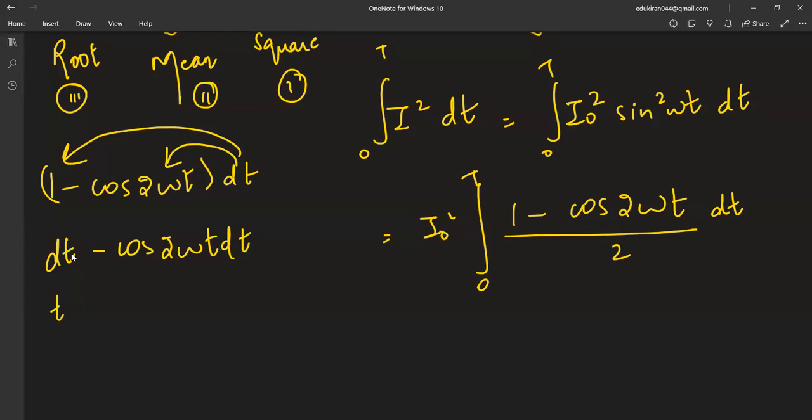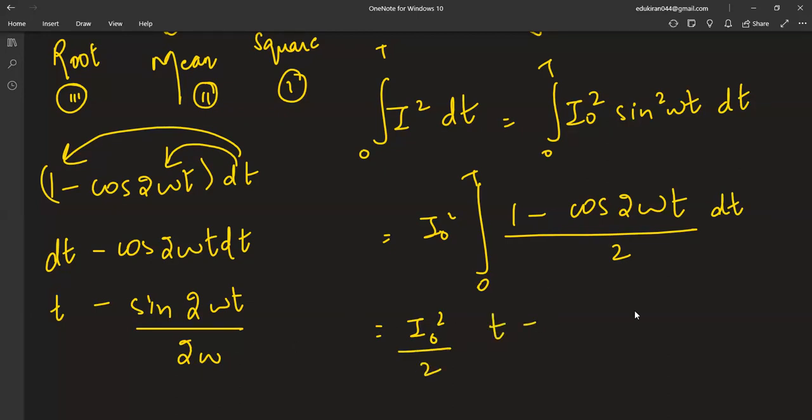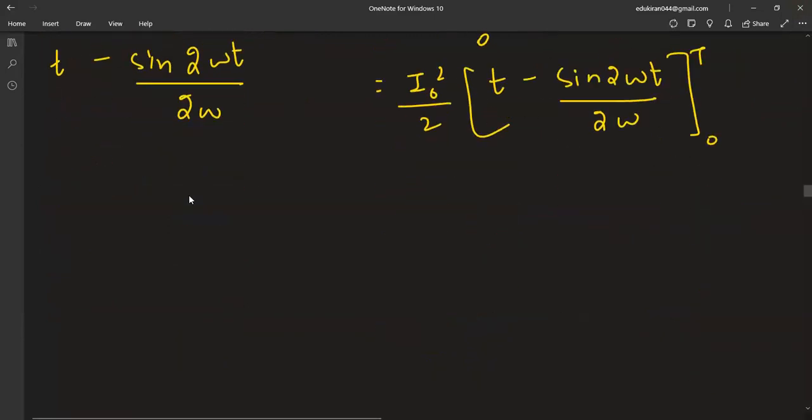The integration of dt becomes T, and the integration of cos 2 omega t becomes sine 2 omega t divided by 2 omega. Clear? So we get I naught square by 2 times T minus sine 2 omega t divided by 2 omega, with values ranging from 0 to capital T.